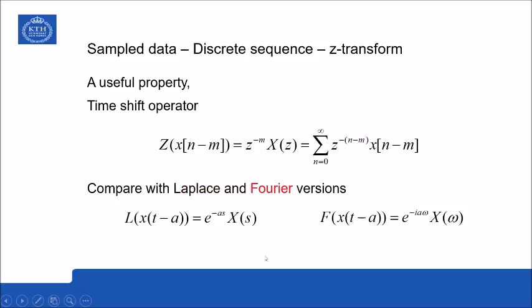And the Fourier version is like this. You multiply the original Fourier transform with e raised to minus i, the imaginary unit, times a omega.